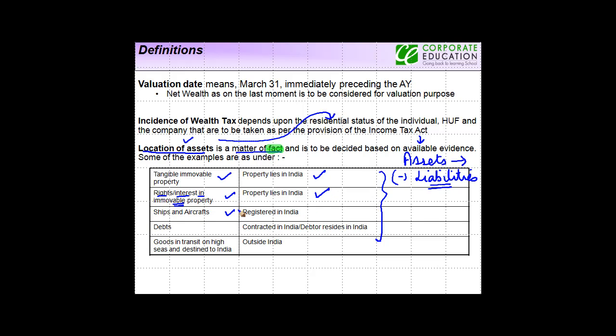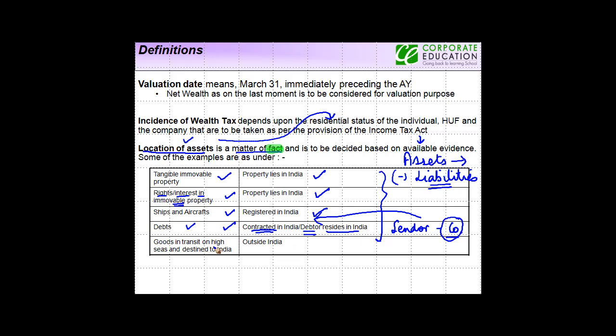Ships and aircraft will lie in India only when they are registered in India. Debts contracted in India means if there's an agreement which is signed between the lender and the company which is taking it, if the contract is signed in India, then it is said that the debt lies in India. Or the debtor, which is the company in this case, resides in India.